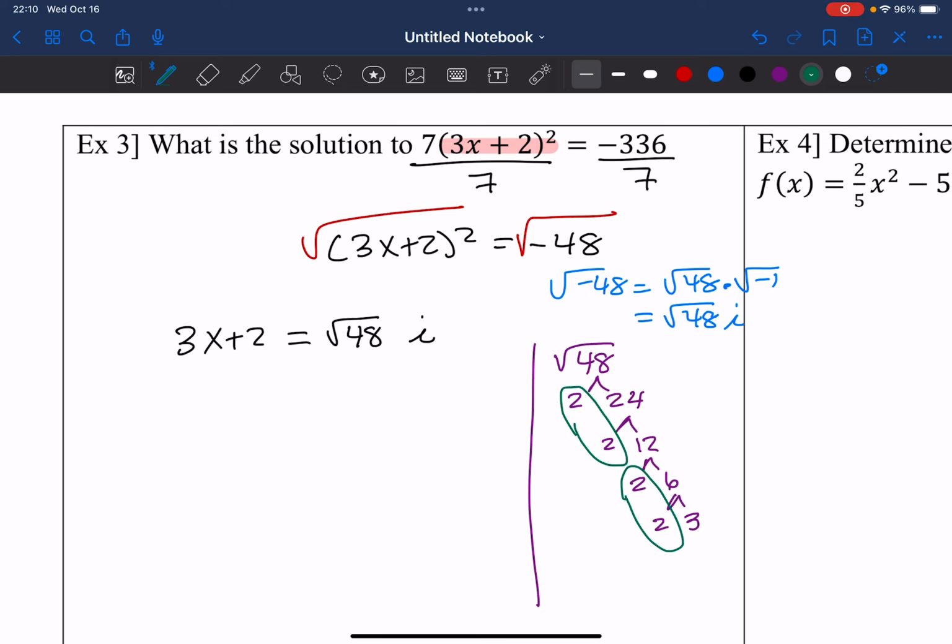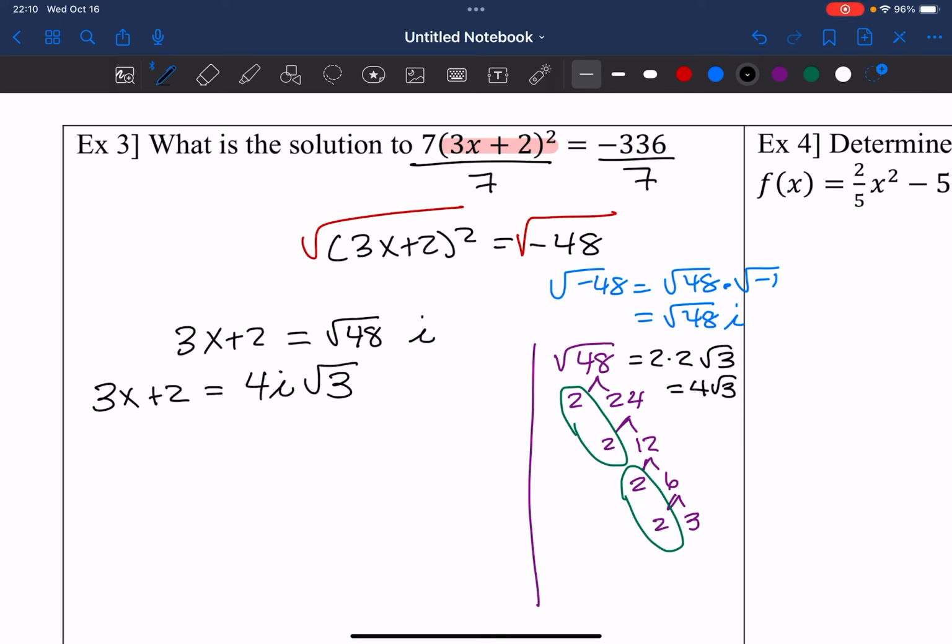So I have 2 pairs of 2, which means that the square root of 48 can be simplified to 2 times 2 square roots of 3, which is the same as saying 4 square roots of 3. Okay, so I have 3x plus 2 is equal to 4i square roots of 3.